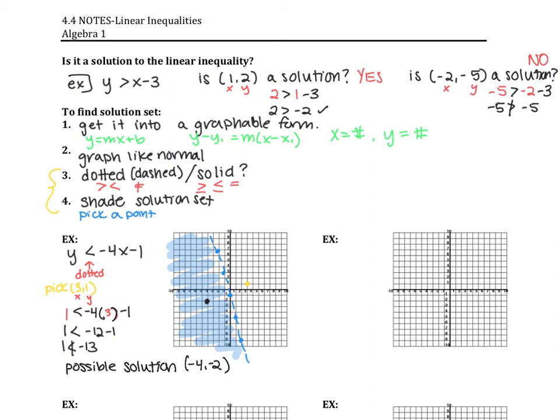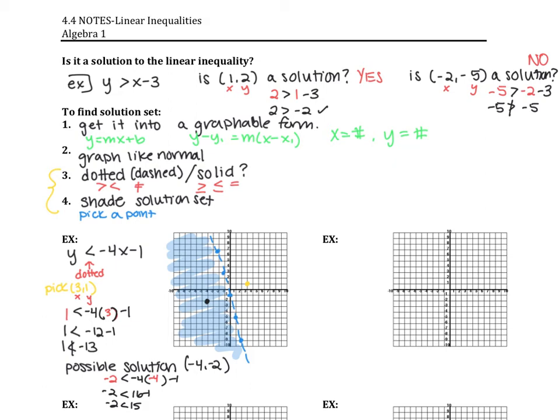I could also prove that this works as a solution by plugging that into my inequality. Is negative 2 less than negative 4 times negative 4 minus 1? Is negative 2 less than 16 minus 1? Well, yeah, negative 2 is less than 15. That's a true statement. So I know it is a solution.